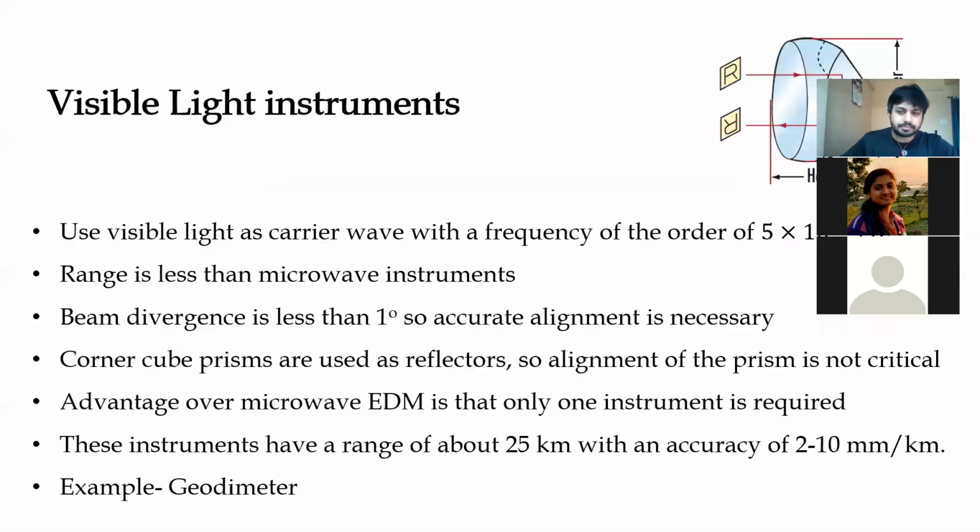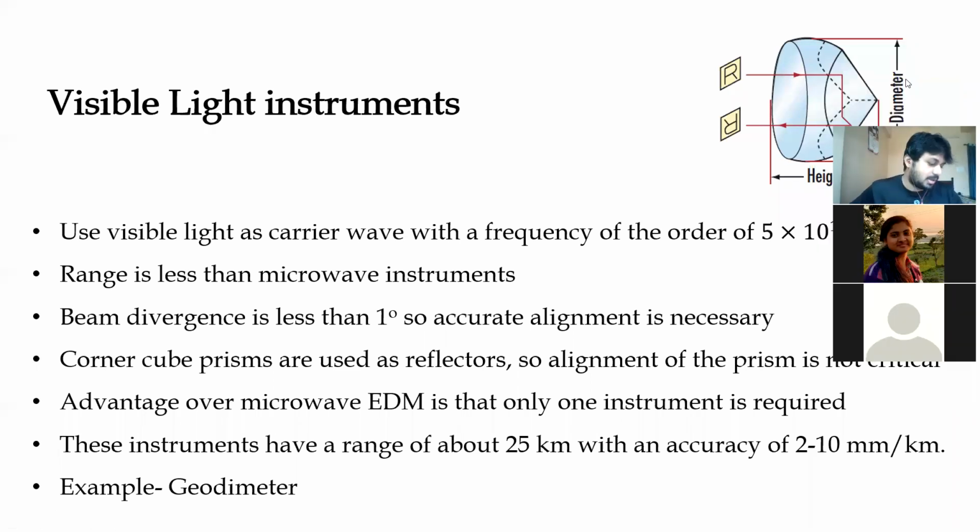All right. So if you remember, we stopped our survey class at microwave instruments. We were discussing modern survey equipment, basically EDMs. So there we were discussing different types of EDMs, and we discussed the microwave instruments.